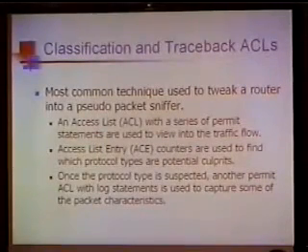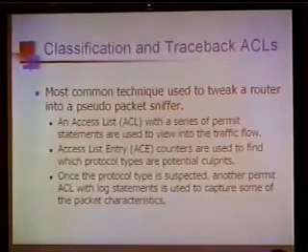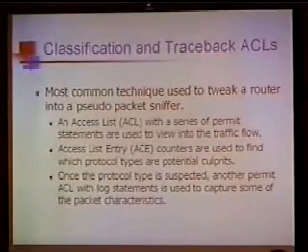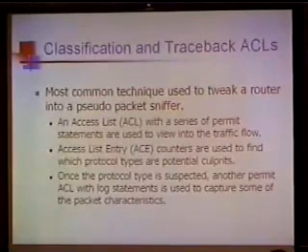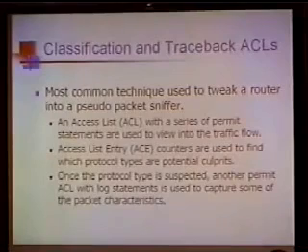You can take a classification ACL where you take all your ACE entries, your access list entries, and put a series of permit statements in there. With these permit statements, you'll be able to see, either through counters or using log statements, some of the packets that are flowing in there, and you can get information out of it.